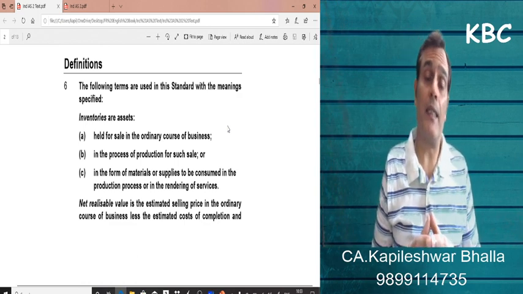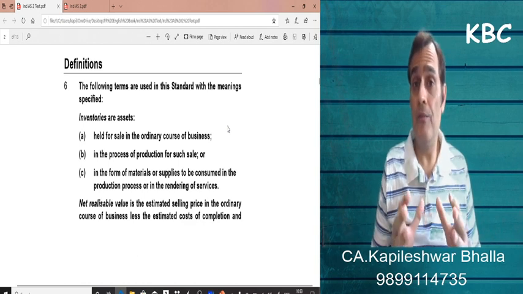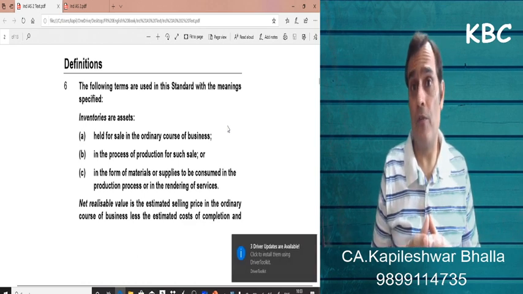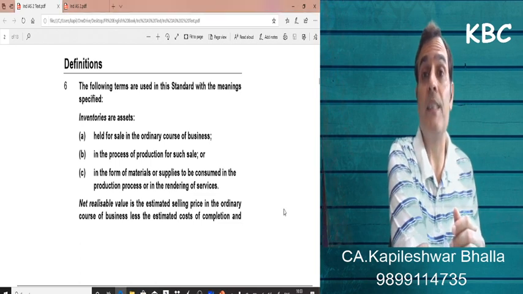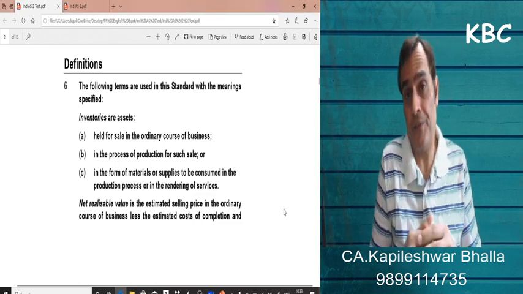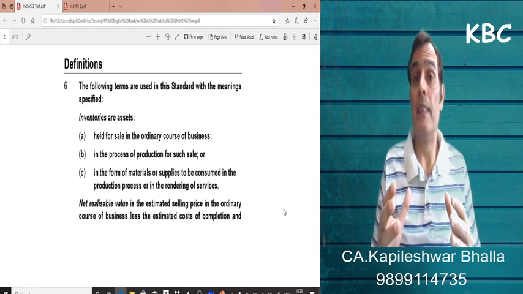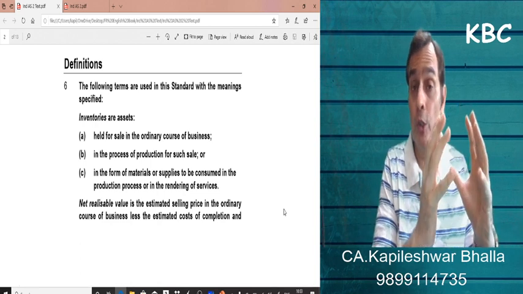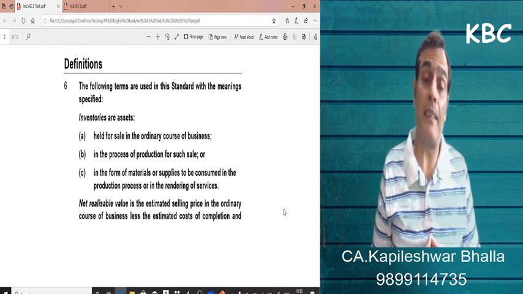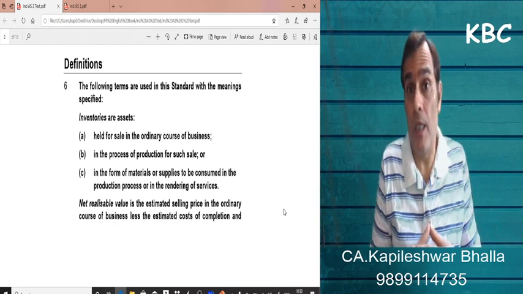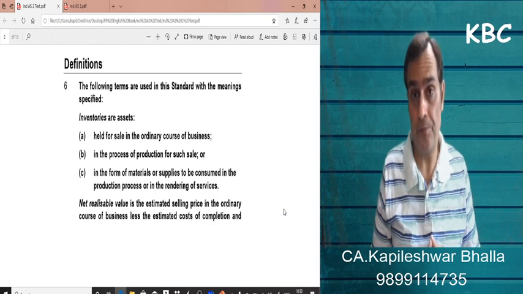And for that, I need to remind you that when we were looking at cost formula, we decided that inventories can be segregated into two categories. One is inventories which are not ordinarily interchangeable, and the other is inventories which are ordinarily interchangeable.